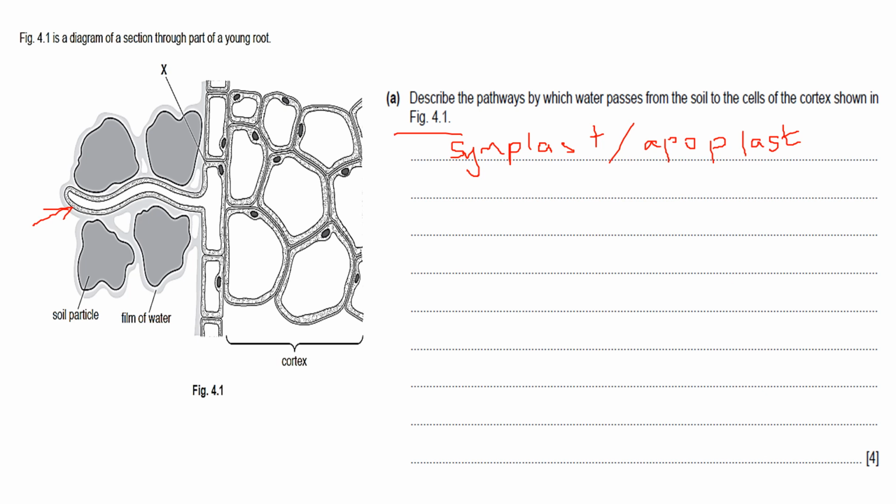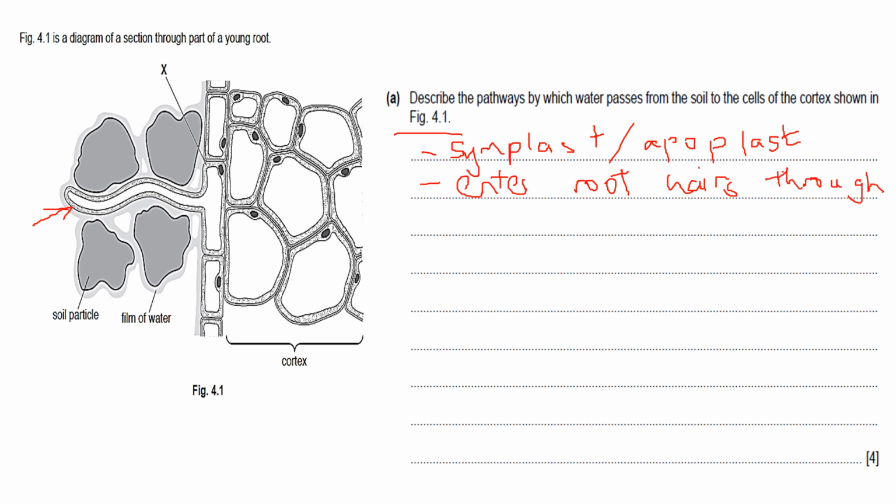So I'll say that again because I realized I've just rambled through it. First of all, you start by saying water can travel either through the symplast or the apoplast pathway. Water will enter the root hairs. Once water enters the root hairs through osmosis, you need to make sure you also mention that, through osmosis.